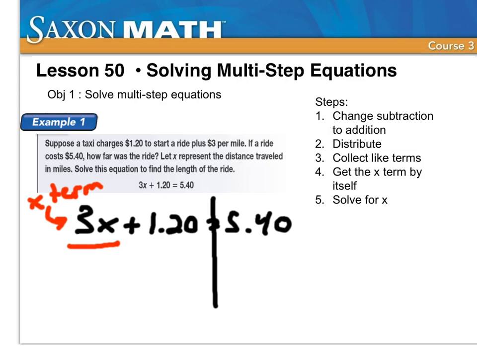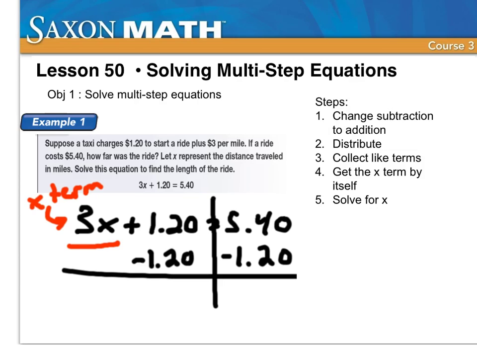Okay, so I'm going to cancel out this positive $1.20 by doing negative $1.20 on each side. Okay, and actually I'm going to erase this and put this back in black pen here. So we're going to do negative $1.20 on each side. Because positive 1.20 and negative 1.20 cancel.